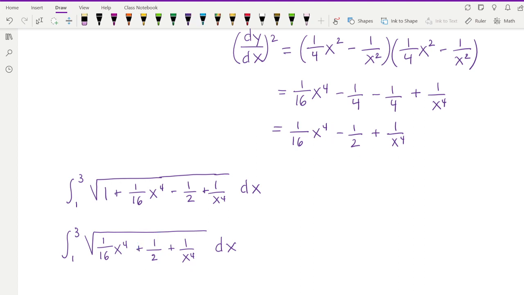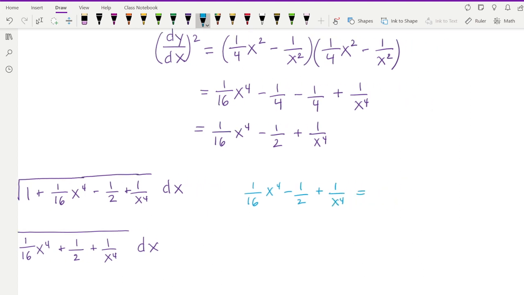So basically, we know that 1 over 16 x to the 4th minus 1/2 plus 1 over x to the 4th factors as 1/4 x squared minus 1 over x squared, squared, right? That's how we found it. We took the derivative, which was this thing, and we squared it.